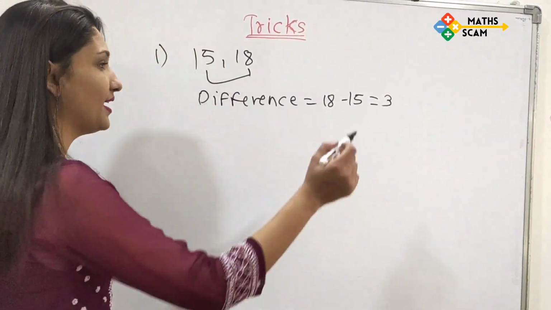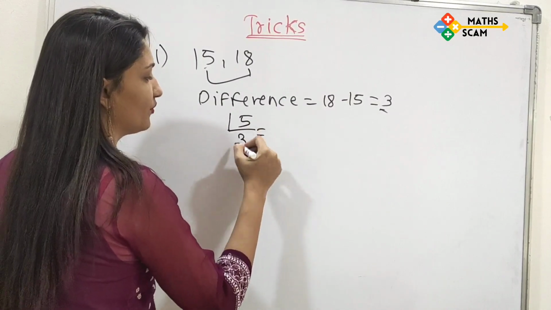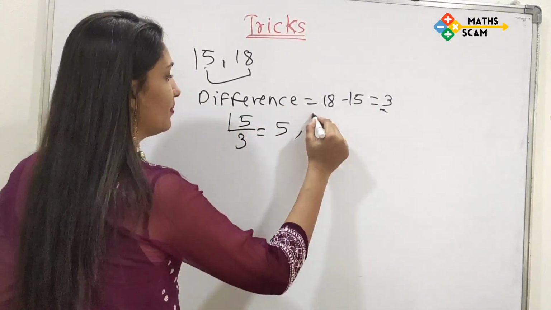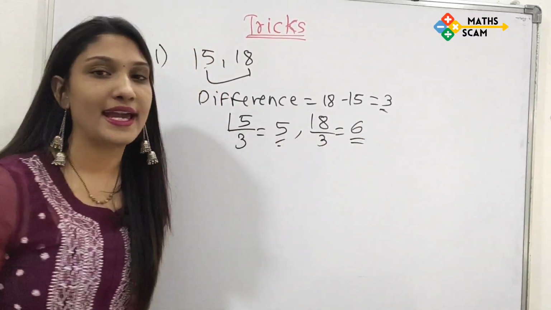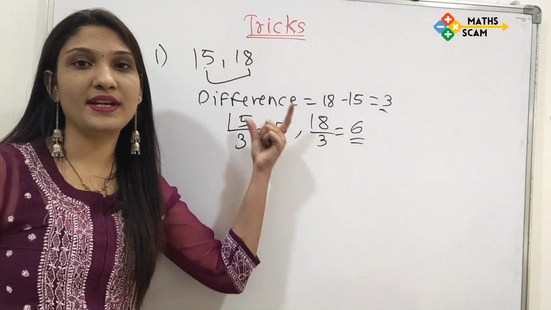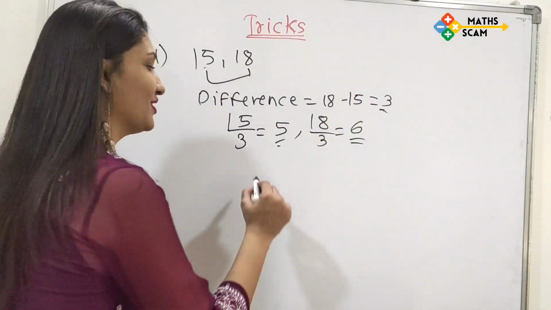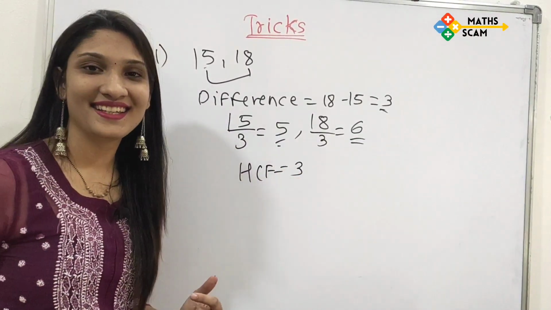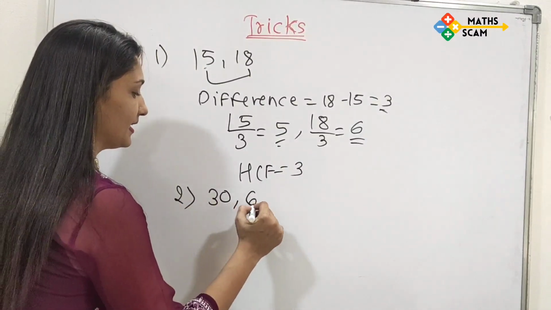So how to check? Divide 15 and 18 by 3. 15 by 3 is 5, an exact number, and 18 by 3 is 6. So we got exact numbers when we divide these numbers by the difference. So our HCF is 3.